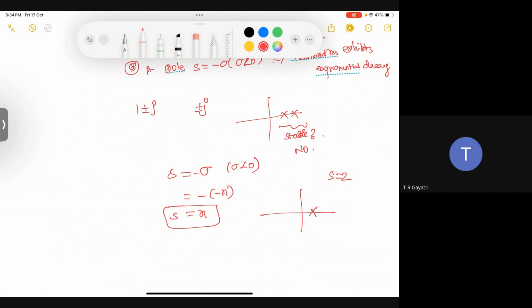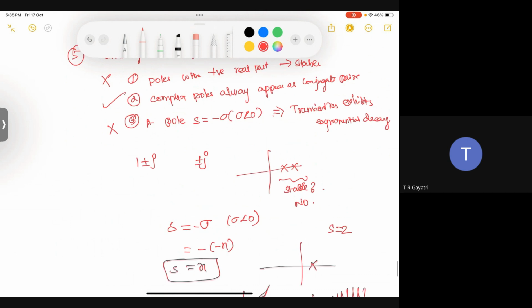No, because whenever the poles are in the right of the S plane, the exponential will be increasing, so this will not be correct.